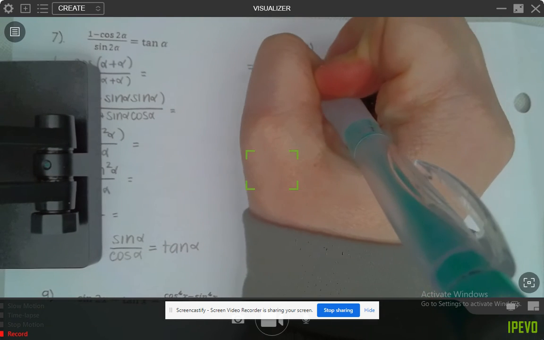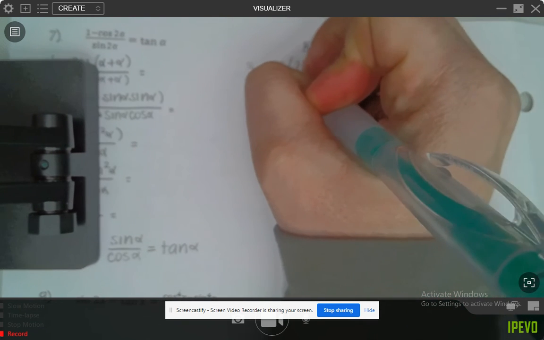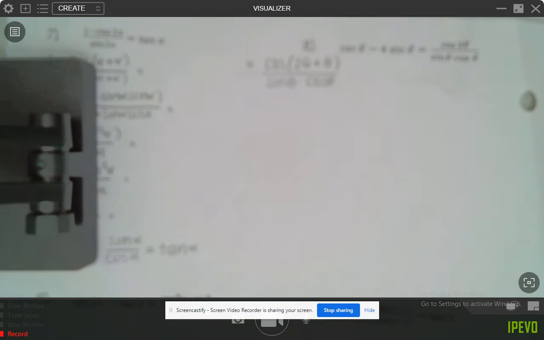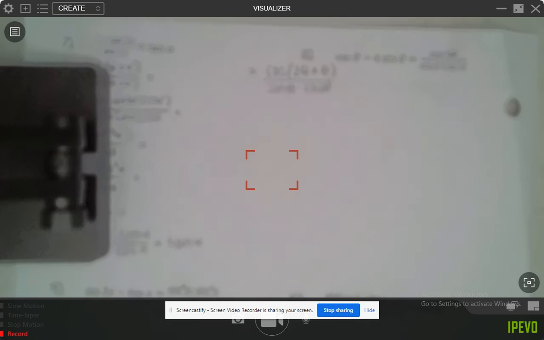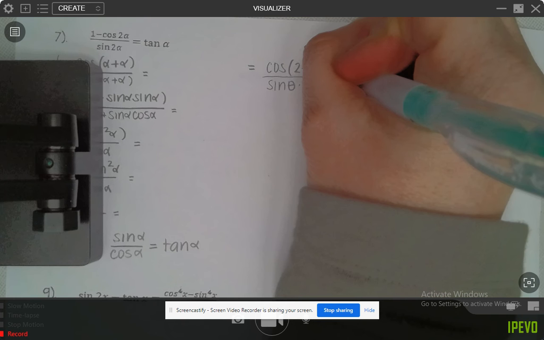Okay. Maybe. Divided by sine cosine. Sorry, this is so bad. Okay. What would you like me to do from here? Well, I'm going to use my sum formula.